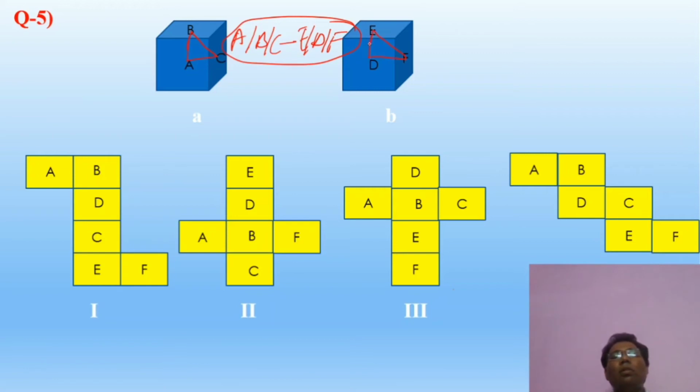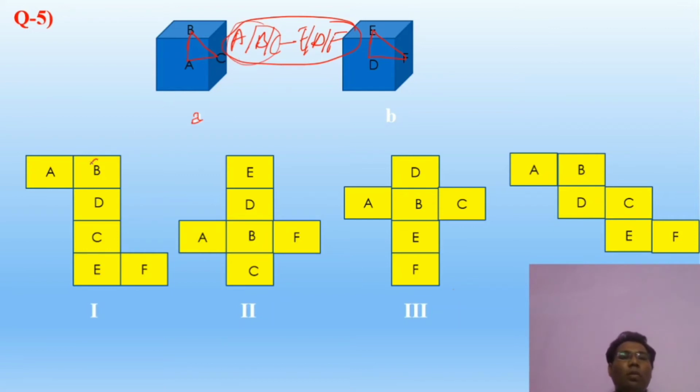These three are adjacent to each other. So from here we draw the result that A, B, C, these three will never be together. If they are at alternate positions, that is not correct.